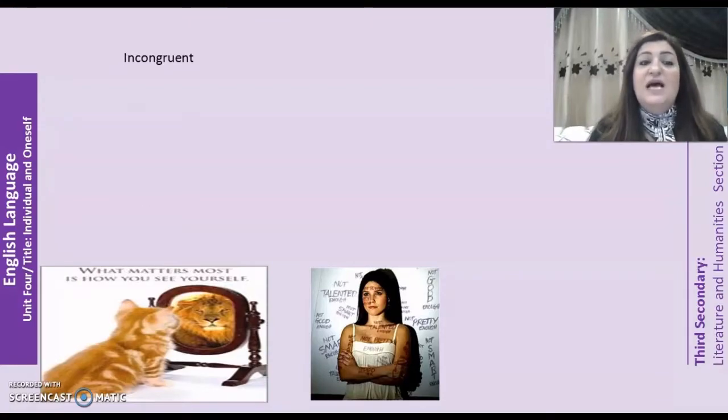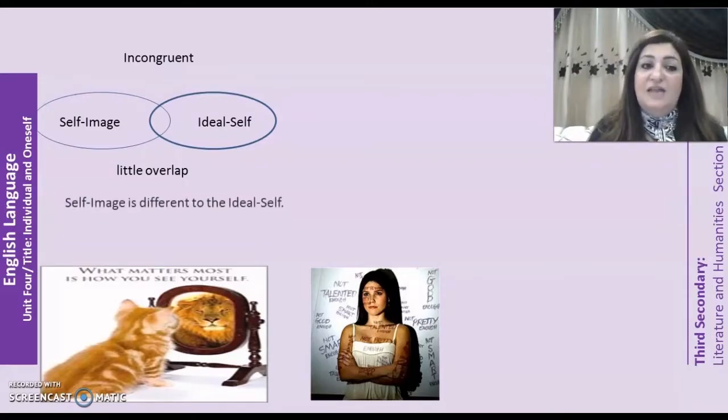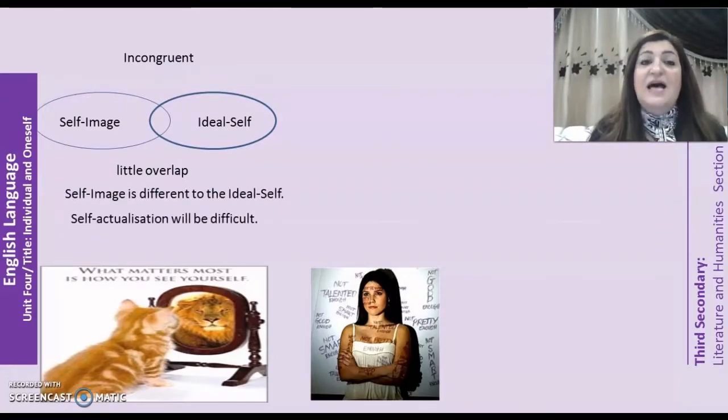Such people have an incongruent image, which means, as you see, there is little overlap between the self-image and the ideal self. Such people have difficulty in self-actualization, but they are able to work on themselves to improve their self-image, to make it better.